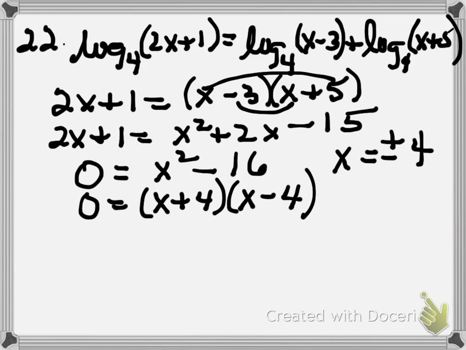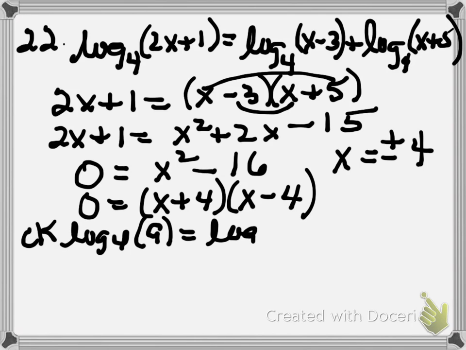Now when I substitute back in as a check the log base 4 of 2 times positive 4, I have 8 plus 1 is 9 equals the log base 4 of 4 minus 3 is 1, plus log base 4 of 4 plus 5 is 9. And I don't have any negative logs.